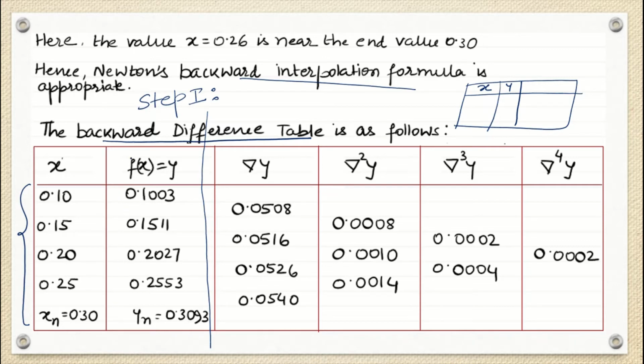Okay, so in my backward difference table, the very first thing I'm going to write is the first backward difference of y. Okay, so y is here. What do I have to write down here? I'm going to subtract these two values and write the answer here. That means 0.1511 minus 0.1003 is written down here. Fine. Similarly, for these two values, 0.2027 minus 0.1511 is written down here.